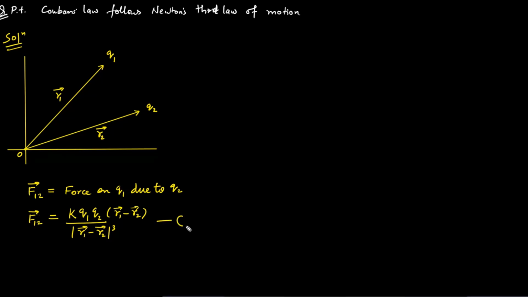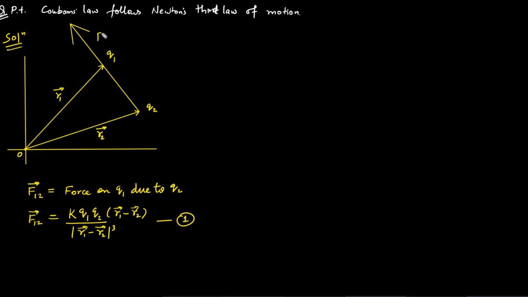So why have we written R1 minus R2? Now, first of all, if I say force on 1 due to 2, I'm considering right now that both are identical. So can I say the direction of force will be from Q2 to Q1? Yes or no?